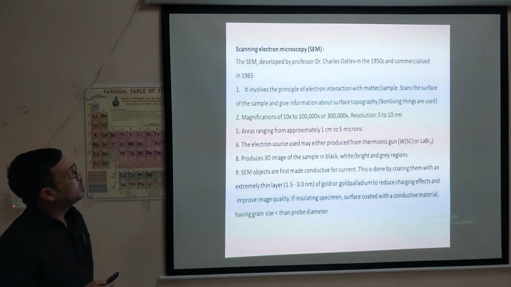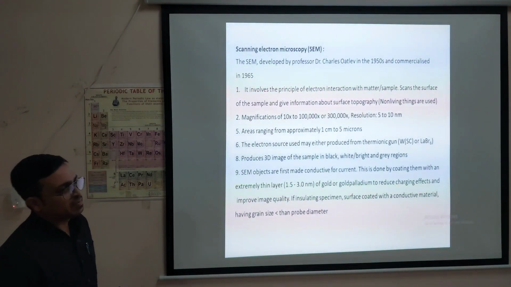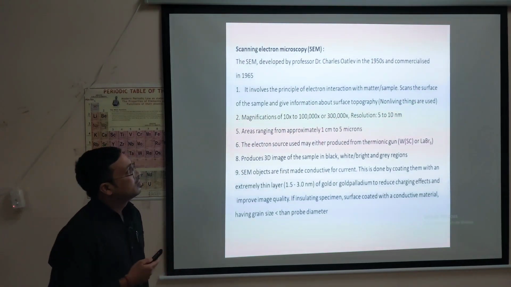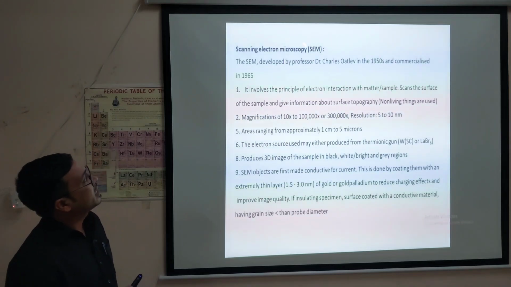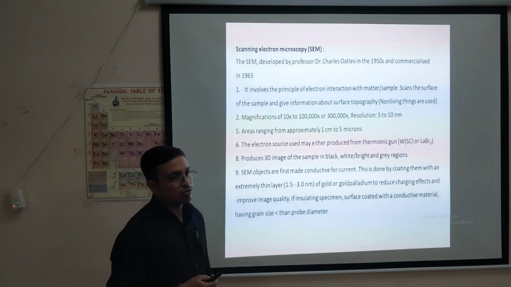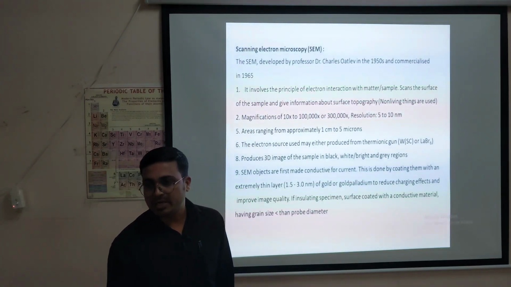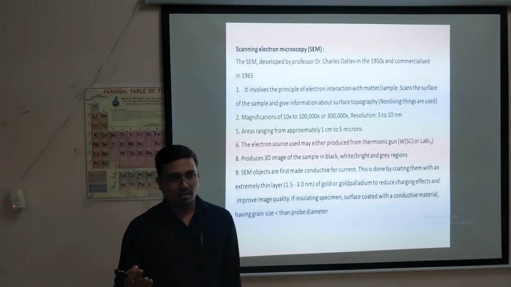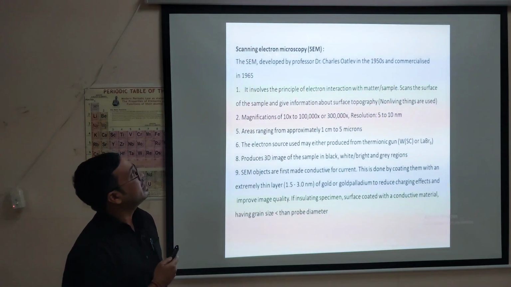So as I told you, it was Professor Charles Oatley in the 1950s, somewhere you will find also. They started experimenting on using electrons and developing a system or equipment that can scan the material and give you an image. So that gave rise to this scanning electron microscopy.